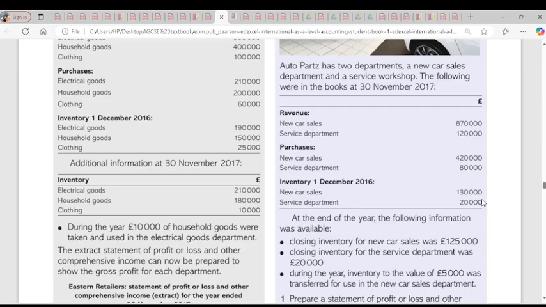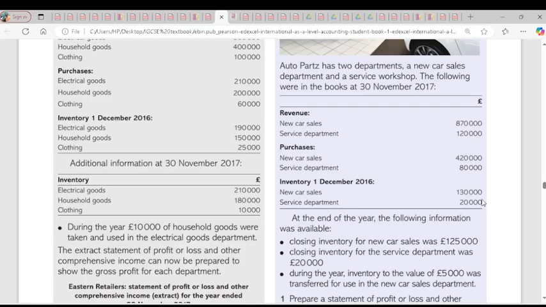You deduct cost of sales from your sales. Your sales here is 870,000 for the new car sales department, and for the service department it is 120,000. The items for the cost of sales for the new car sales department are the purchases, the opening inventory, the closing inventory, and the transfer, which you are adding up.